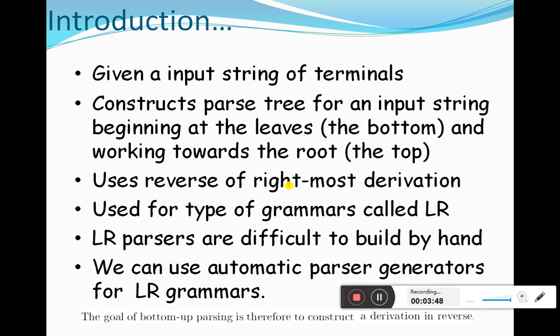Keep in mind, all the bottom-up parsers will make use of RMD in reverse, because we should start from the string and move towards start symbol. So reverse of RMD is being exploited by all the bottom-up parsers, including shift reduce parser. We'll see why it is called a shift reduce parser shortly.